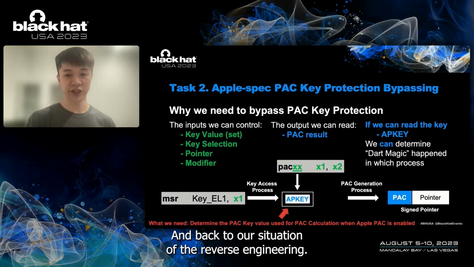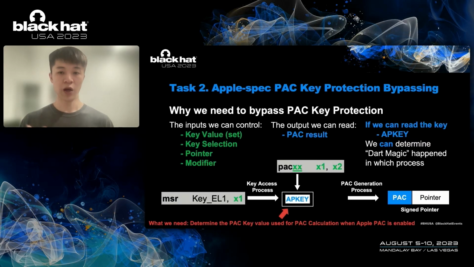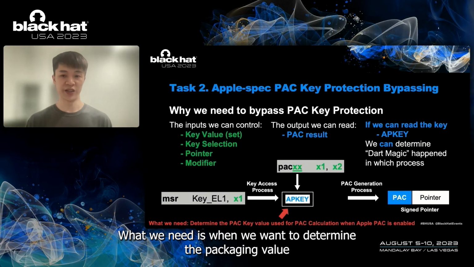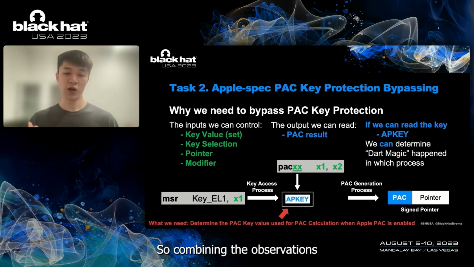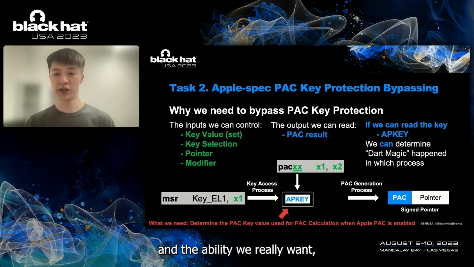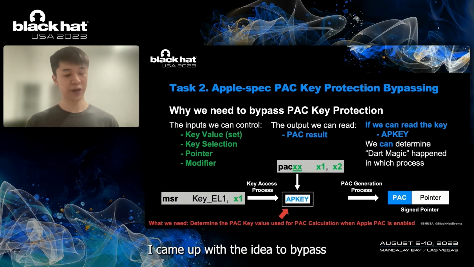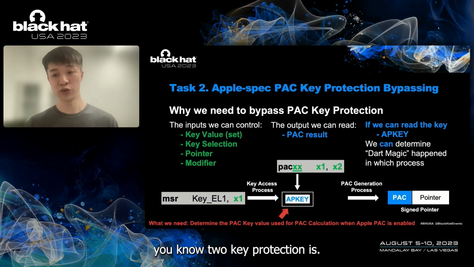And back to our situation of the reverse engineering, what we need is to determine the PAC key value used for signature generation when Apple PAC is enabled. So combining the observations and the ability we really want, I came up with the idea to bypass the EL2 key protection.